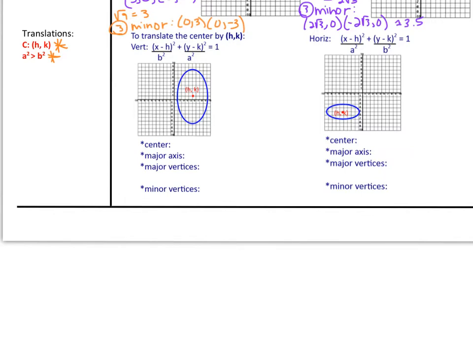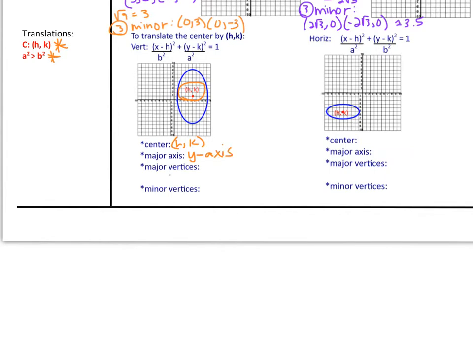Notice in our first example, we have x minus h squared over b squared plus y minus k squared over a squared equals 1. Notice our center translated to h, k. Since the a squared is underneath y, our major axis is going to be the y-axis.